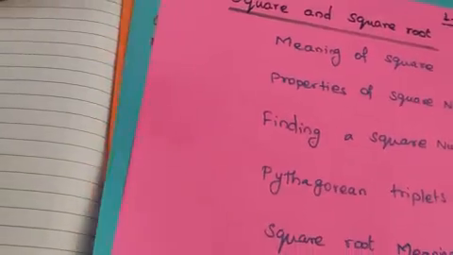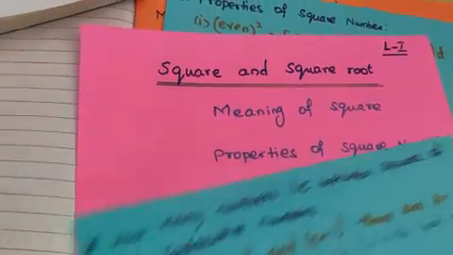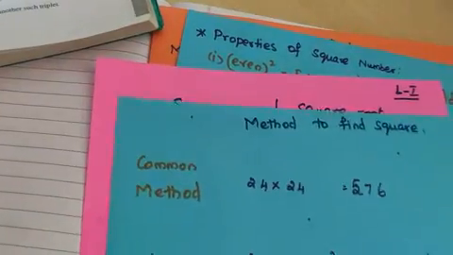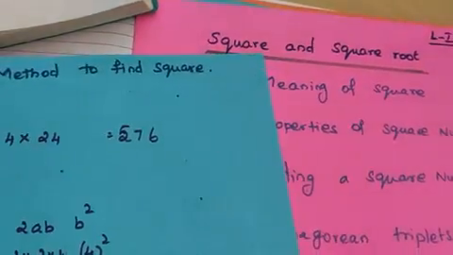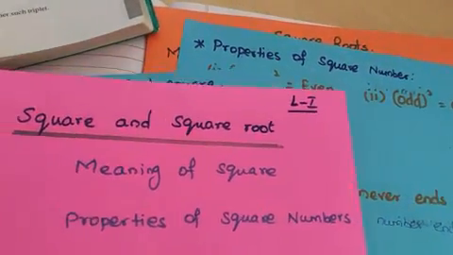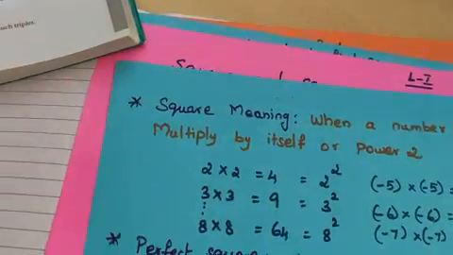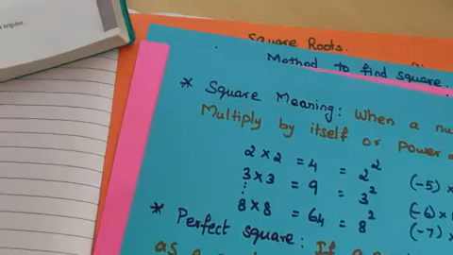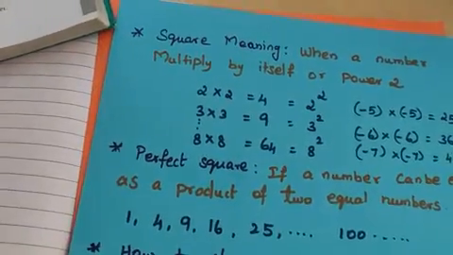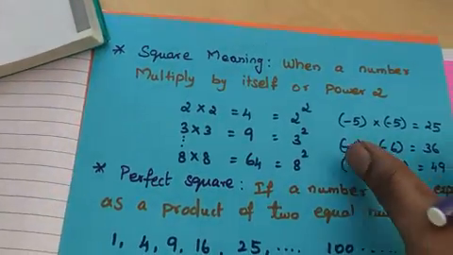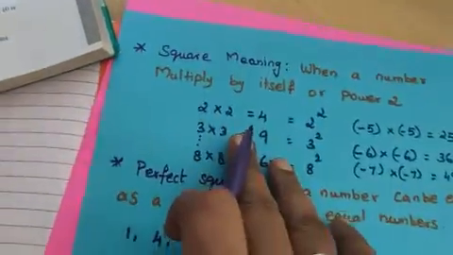Square of a number. Any number can be written in the form of n into n, so that is n squared.